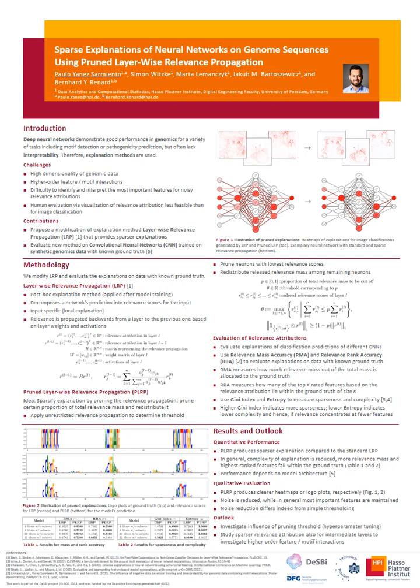Quantitatively, we see that PLRP, so our modification, produces sparser explanation compared to the standard LRP approach. And in general, the complexity of the explanation is reduced. So we have sparser explanation and more mass concentrates indeed at the ground truth, and also the highest rank features fall in the ground truth.